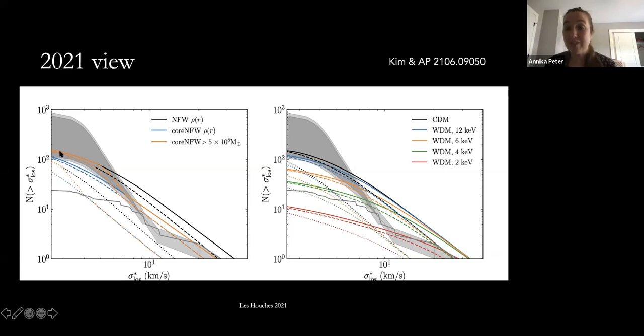And so that's our best fit model for the Milky Way satellite population, this cold dark matter plus baryon model. And those model choices were informed by simulation.